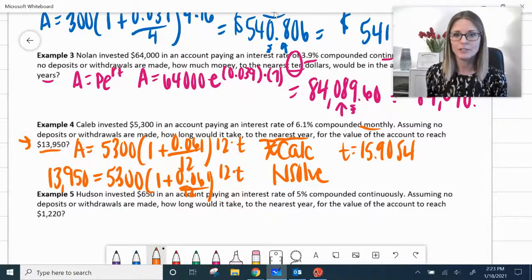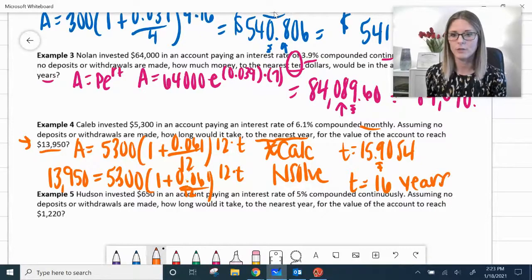It's said to the nearest year in my directions, so this 9 is going to tell us to move it up to 16 years. It would take 16 years for Caleb, if he invests that much with an interest rate of 6.1% compounded monthly, to earn 13,950. Just working backwards a little bit.